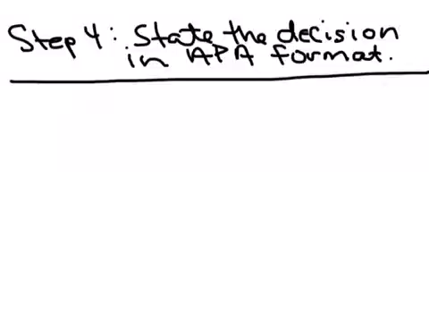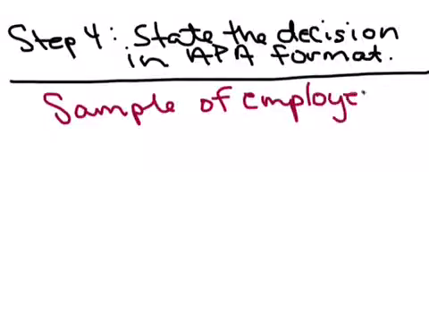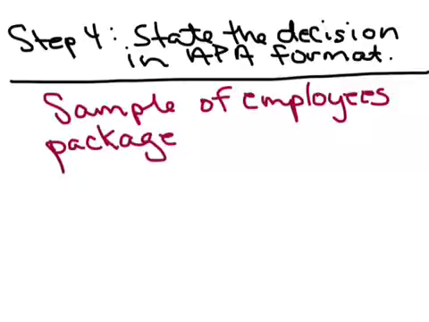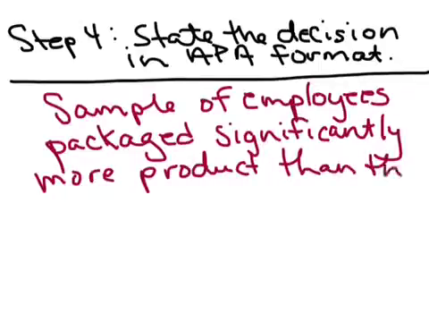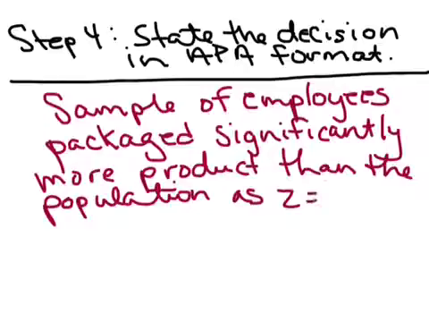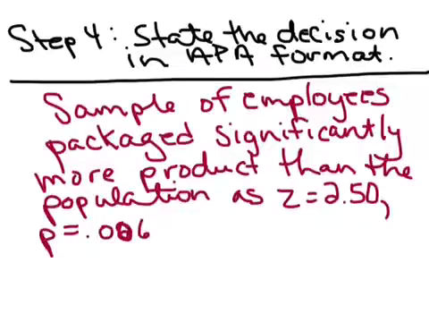So I'll write: sample of employees packaged significantly more product than the population, as z equals 2.50, p equals, what was it, 0.0062, alpha equals 0.05.